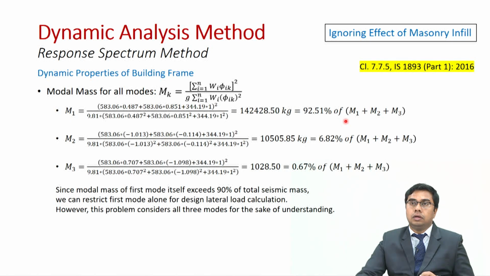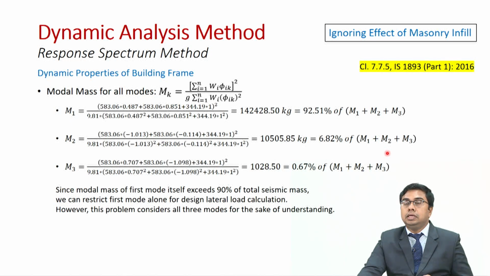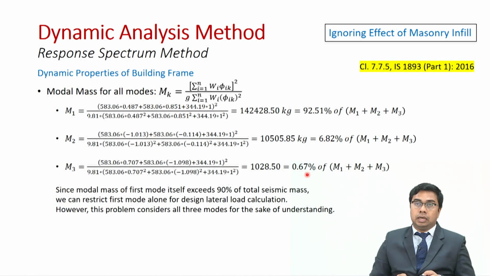In the second mode M2 is equal to 10505.85 kg, which is roughly 6.82% of M1 plus M2 plus M3, which means that mode 1 and mode 2 combined are able to consider more than 99% of modal mass participation. The third mode has participation of only 0.67% of the mass.